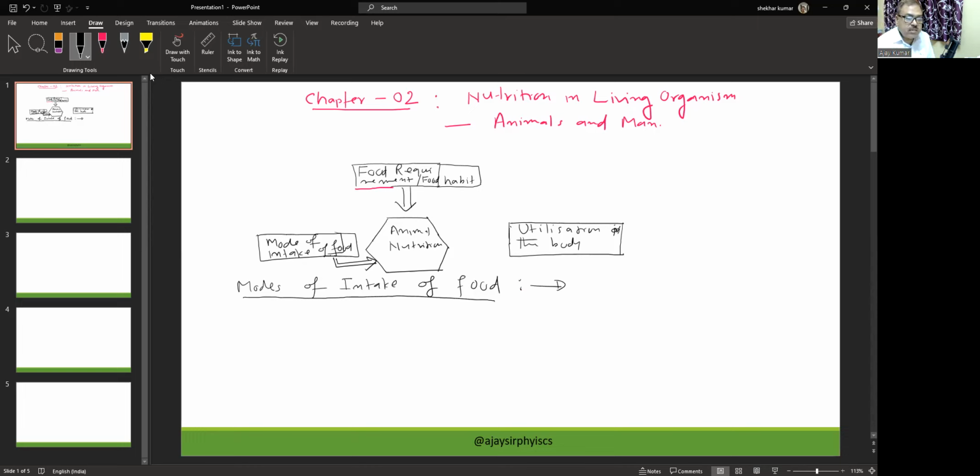The method of taking in food is different in different organisms.